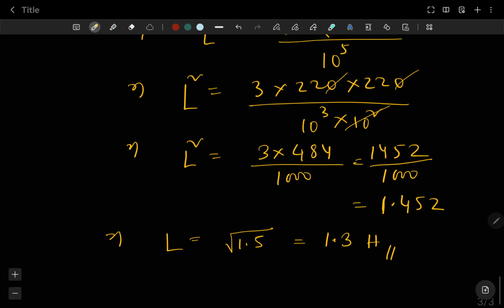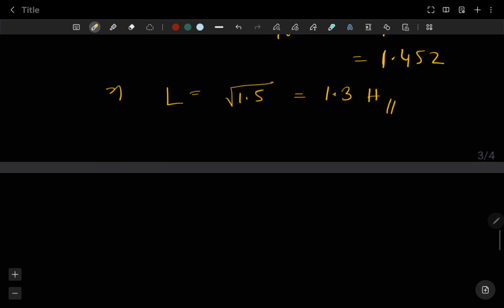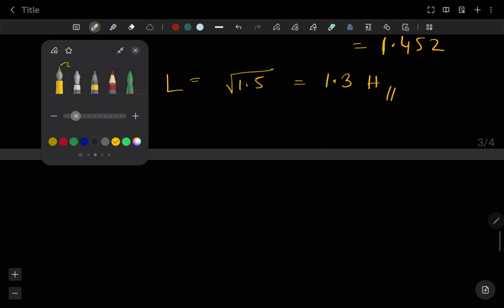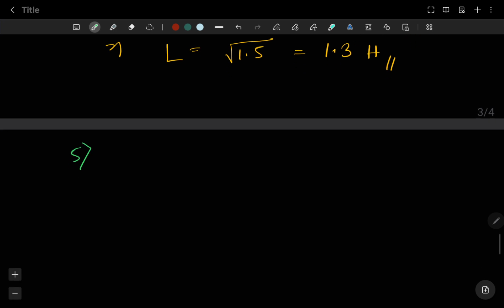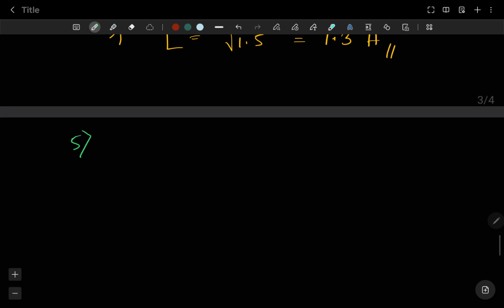Then let us do problem number 5. This is also a very important problem for boards. An inductor coil, a capacitor and an AC source of RMS voltage 24 volt are connected in series.